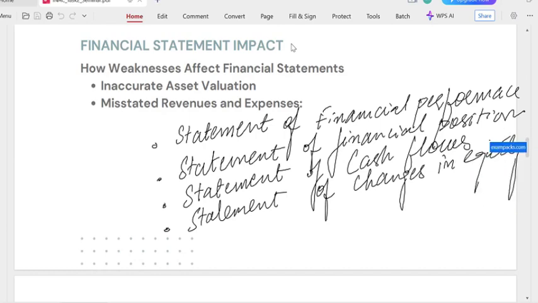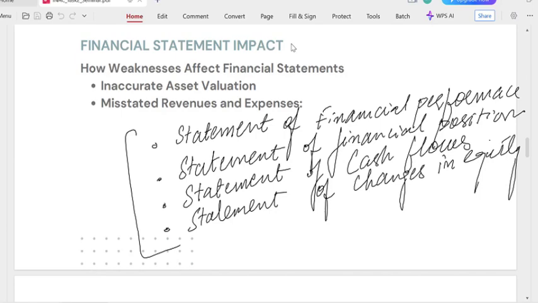Okay, so this is the set of financial statements that a company is required to make and publish so that shareholders and other stakeholders can have that information, right? So as an accountant, this is the prime responsibility of an accountant, that the financial statements are representing a true and fair view.